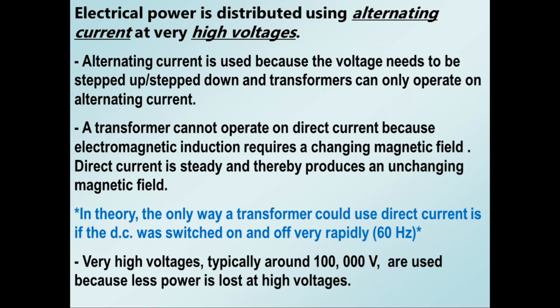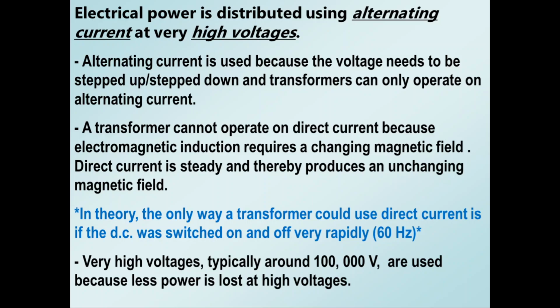It is important to note that in theory, the only way a transformer could use direct current is if the DC was switched on and off very rapidly. Alternating current is normally produced at around 50 or 60 hertz. That's a frequency of changing direction 50 or 60 times every second.